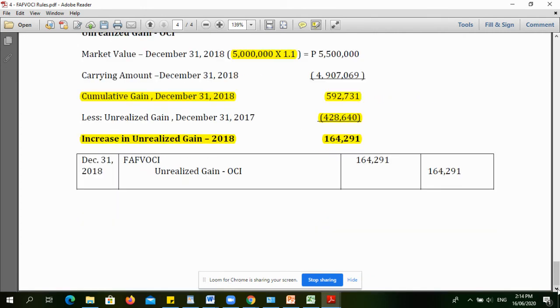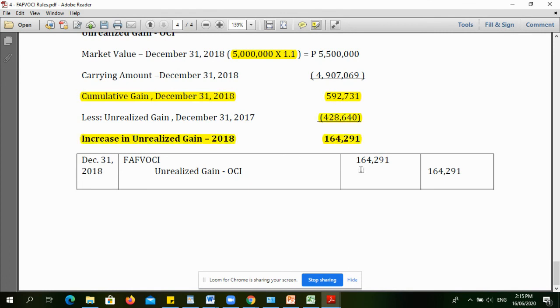So that's why our journal entry will be: we debit FAFVOCI 164,291, and unrealized gain, OCI, 164,291.